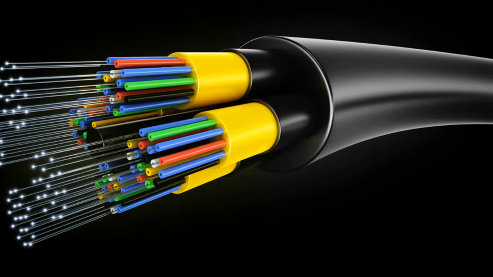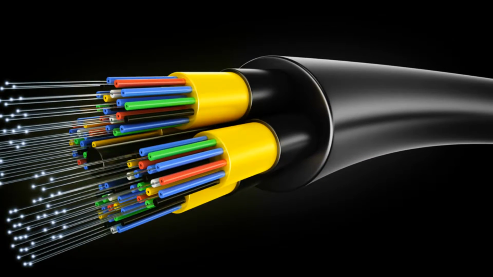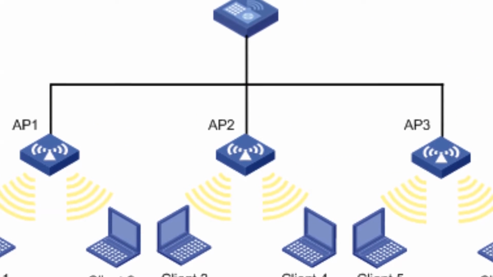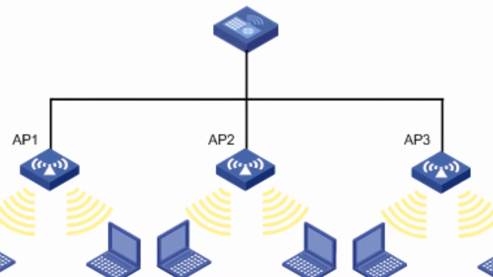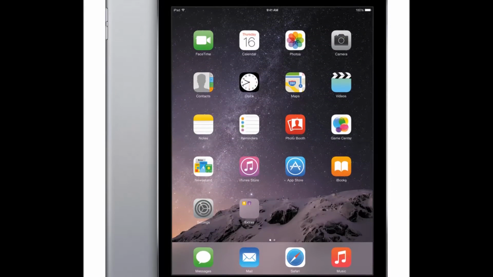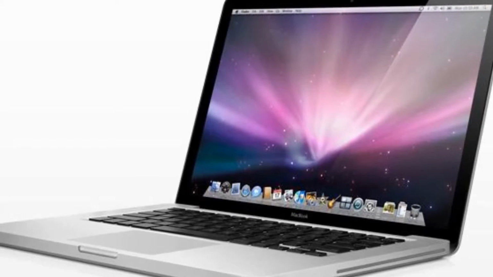Fiber optic cabling is common for links between switches, but fiber to the desktop is uncommon. However, now LANs are mostly based on wireless technologies. Smartphones, tablet computers, and laptops typically have wireless networking support built in.